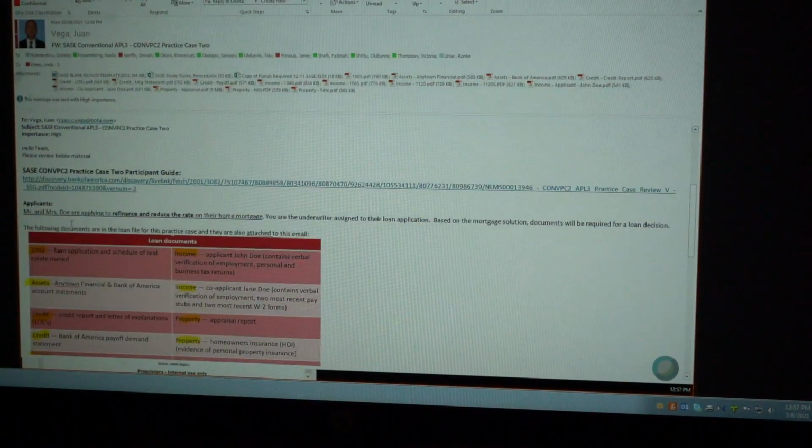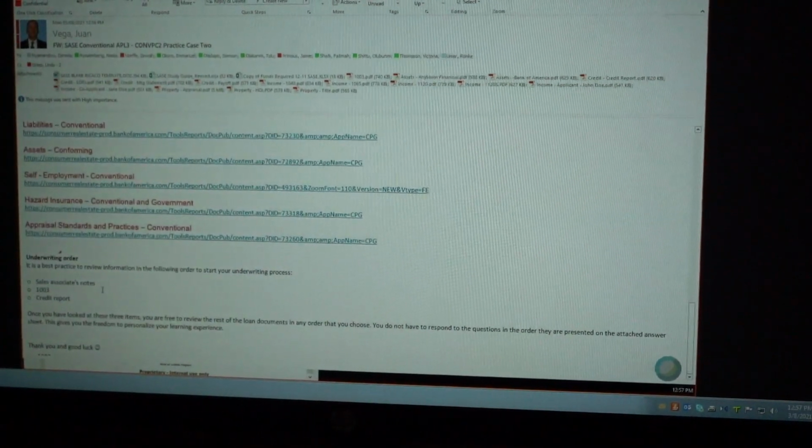So this practice case number 2, you still have all your documents as always up here. It gives you the link to the case. This case is Mr. and Mrs. Doe. They're applying to refinance a rate and term of their home. Refinance to reduce the rate of their home.